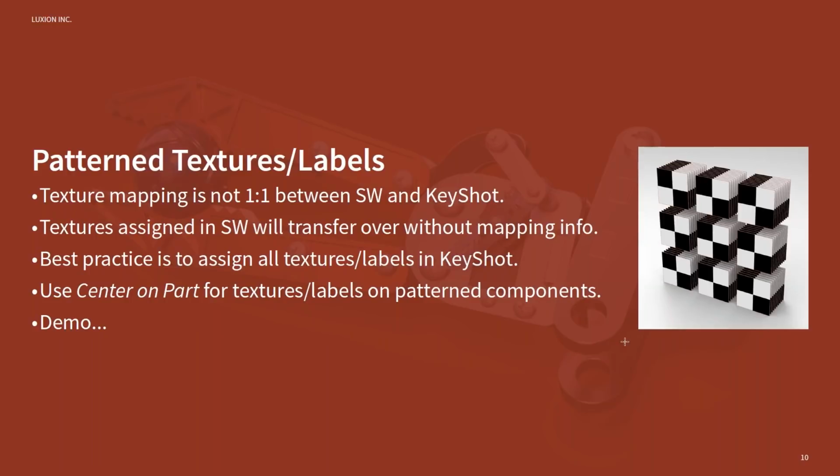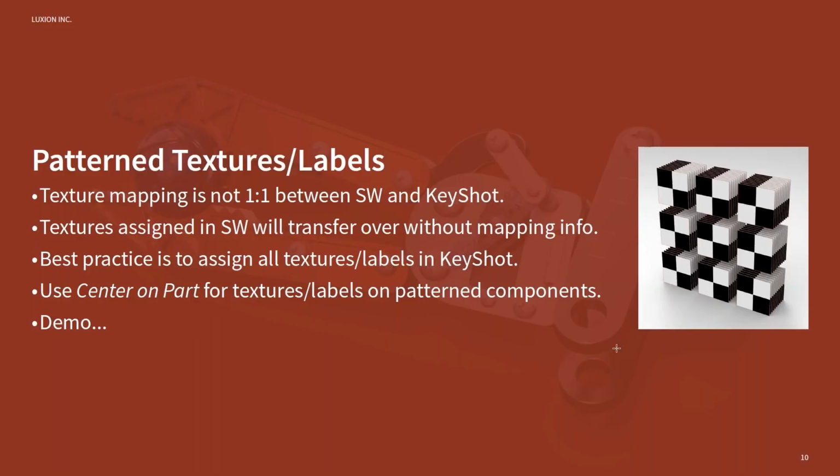So you can assign textures inside of SOLIDWORKS, but the texture mapping is not one-to-one. So you will get some of those textures coming over into KeyShot, but you'll have to remap them just because there are different mapping techniques used between the two softwares.